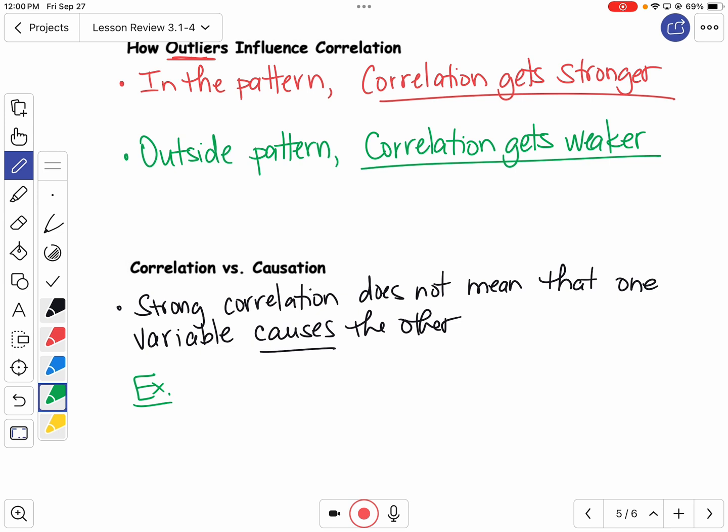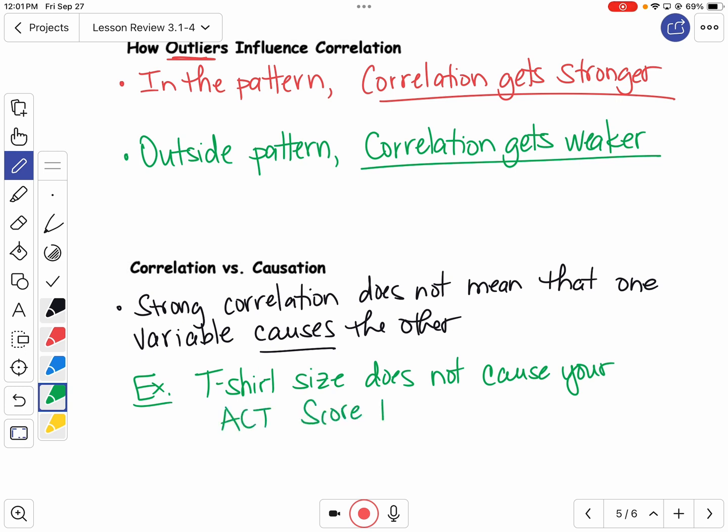T-shirt size does not cause your ACT score to be higher or lower. No, your sleep does. Yes, how you feel that day probably has a direct correlation and causes that.